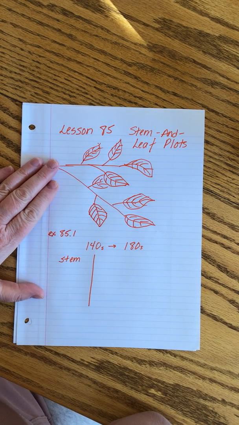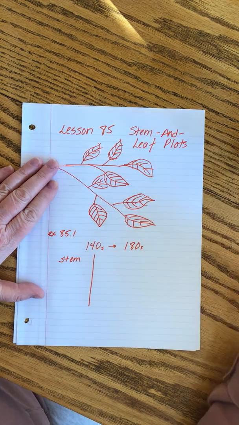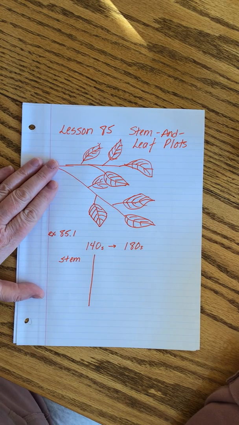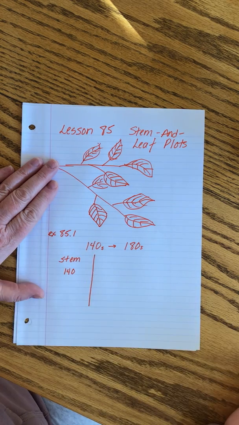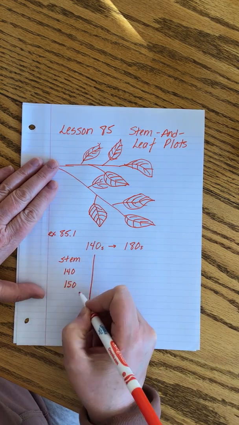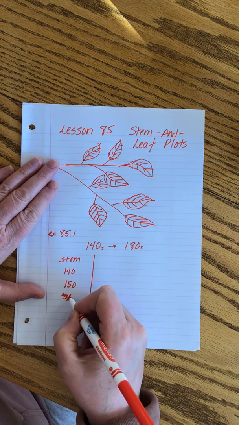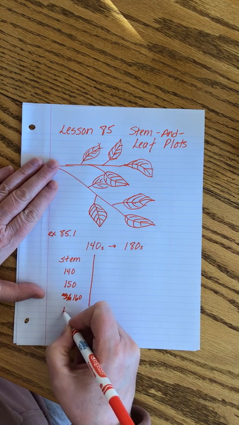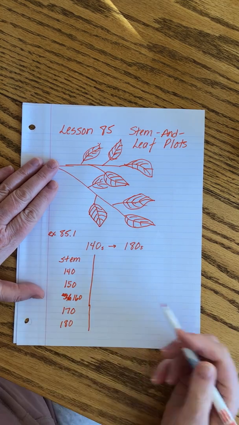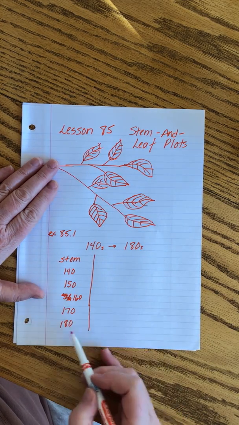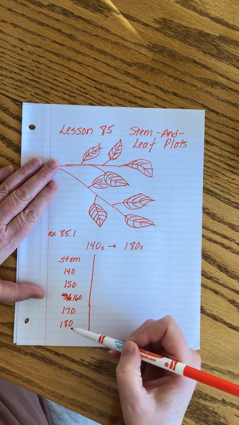What are groups of numbers that make up this full assortment of scores that we can group together? What if we put all the 140 scores together, the 150s together, the 160s together, and the 170s together. Oh, and the 180s, right? We can organize them by grouping together the numbers that are in the 140s, 150s, 160s, 170s, 180s.